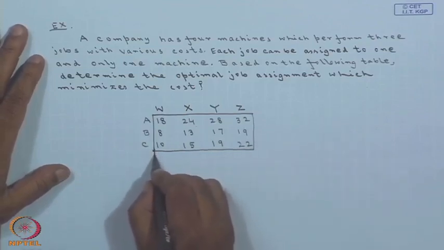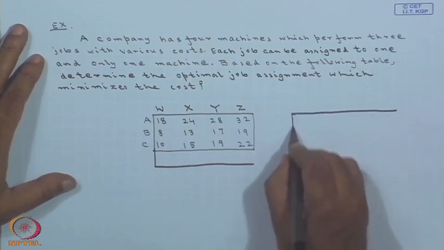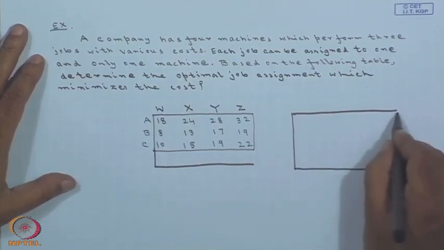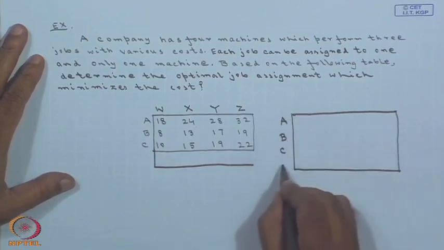Let me write here. There will now be 4 rows, because you have 3 rows, so it is not a square.